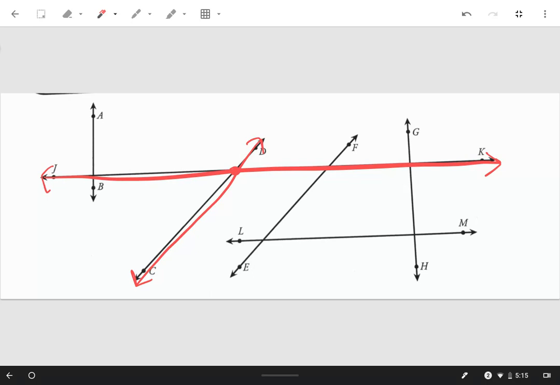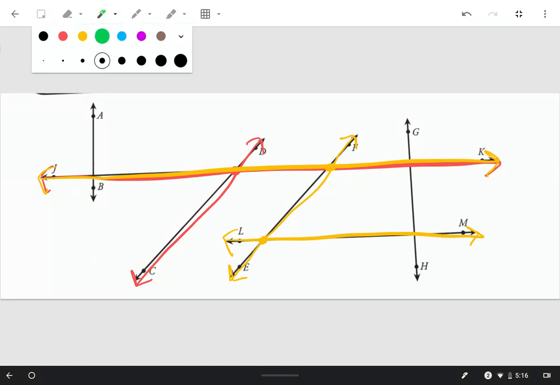Do you see any other intersecting lines in this diagram? Well, I see FE, and FE intersects with line LM right here. But line FE also intersects JK right there. So I have already found 3 sets of intersecting lines. Do you guys see any more?